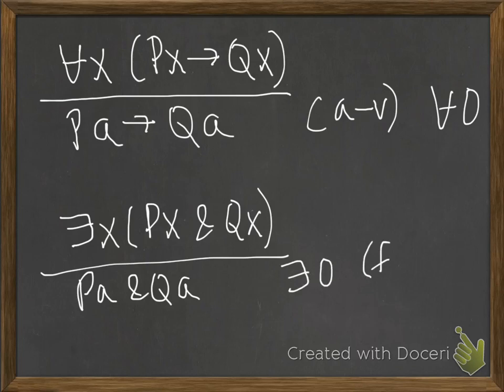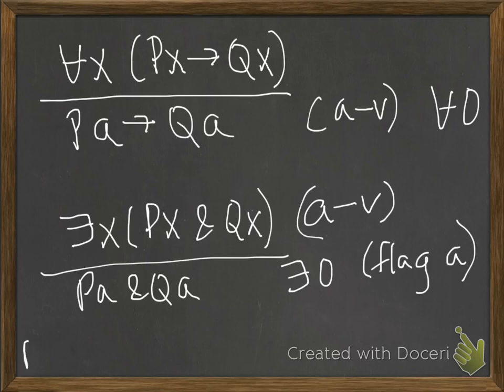And we want to flag that we use the letter A here. Because while, like with the rule of universal out, we can use any of the letters A through V, there is a restriction on existential out.